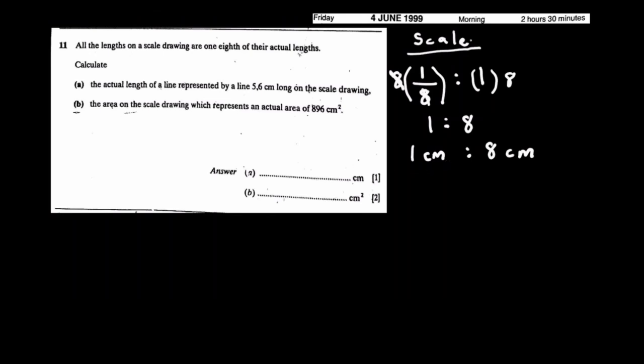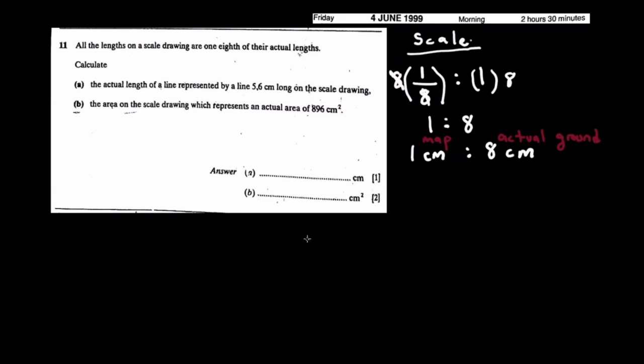So we can indicate here like this. This is for the map, and this is the actual ground.